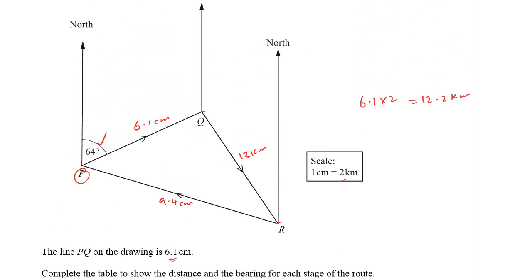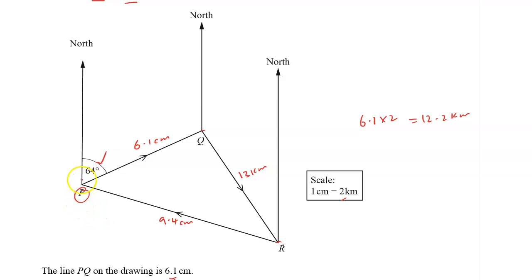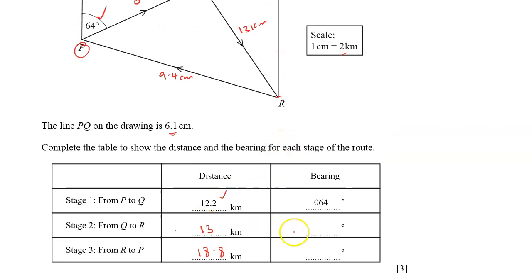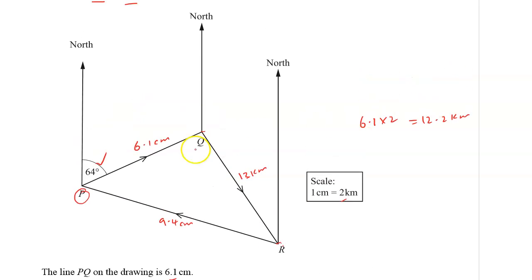Let's find the bearings. Okay, so if this is 64, then what is the bearing here? So this angle right here is 116.